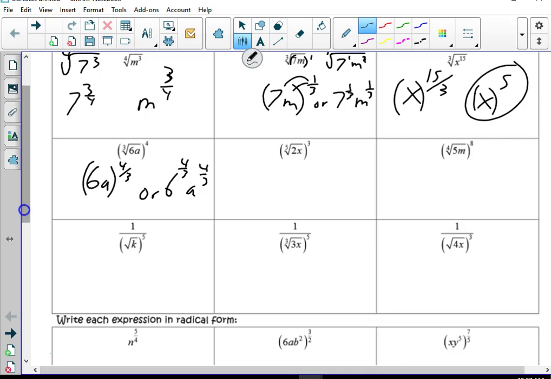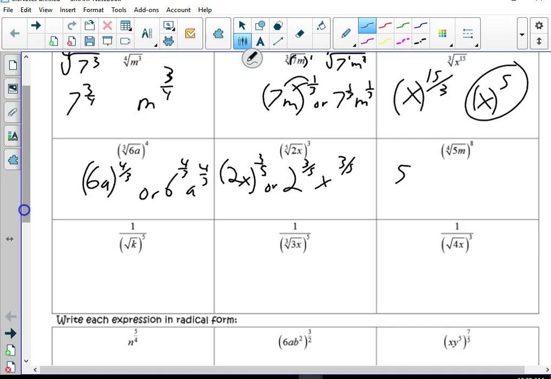The second one is the same as the first, just one step further. Same thing here. You can write 2x in parentheses to the 3/5, or we can write 2 to the 3/5, x to the 3/5. Yeah, it's about two seconds more work.